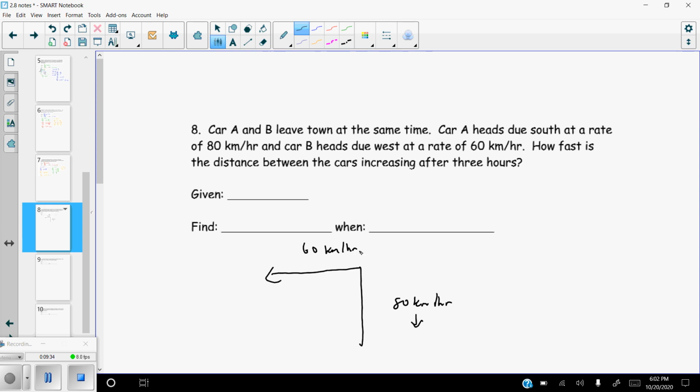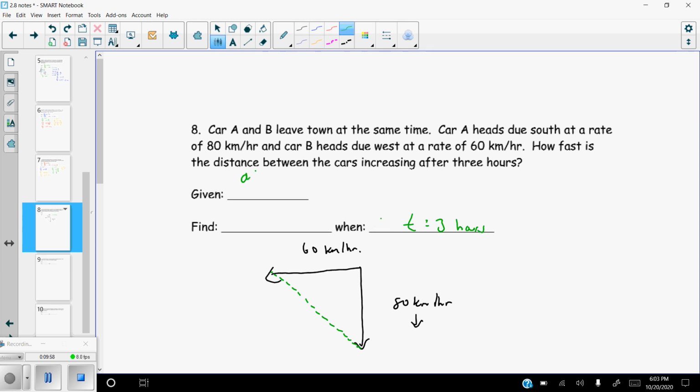How fast is the distance between the cars increasing after 3 hours? So we are looking to see how fast this distance here between these two cars is increasing after 3 hours. So I know the time is 3 hours. Let's see, what were we given? We were given dx dt and dy dt because that's the horizontal and vertical directions of a right triangle here.